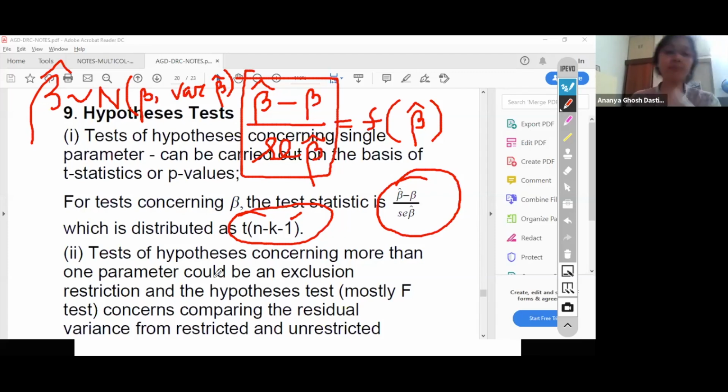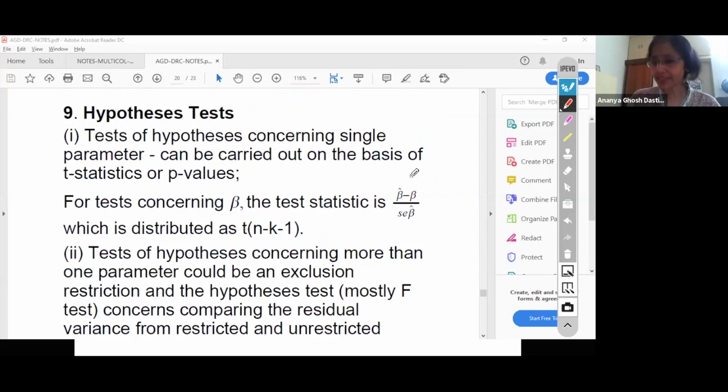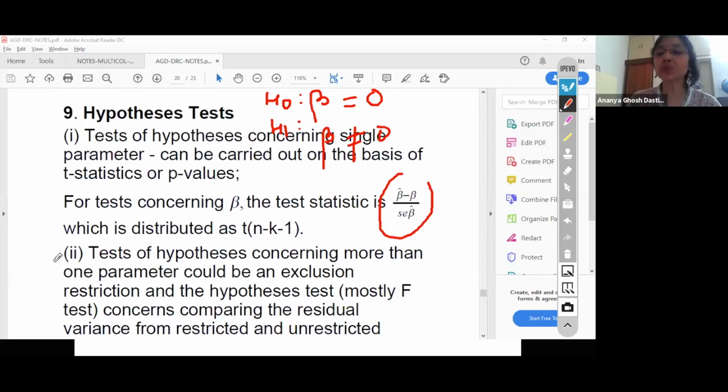Okay. Right. So I will just repeat this once again. When you want to test the null hypothesis that beta is equal to 0, against the alternate that beta is not equal to 0, you will be using this particular random variable. And this particular random variable has a t distribution which has the same number of degrees of freedom as your regression.